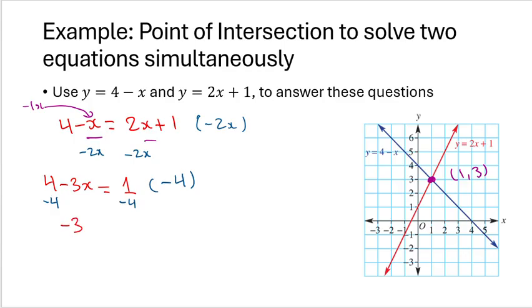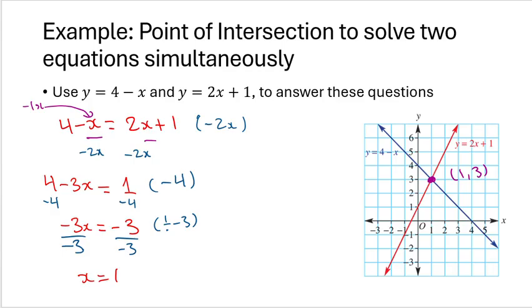So I'm left with negative 3x equals negative 3 because 1 minus 4 is negative 3. And now finally, I'm going to divide both sides by negative 3. So I'm left with x equals 1.